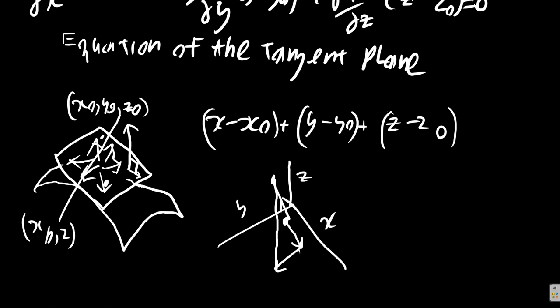This vector, joining them, going straight up here, has x, y, and z components of x this distance, which is x minus x0, y this distance, which is y minus y0, z this distance, which is z minus z0. And if the normal vector has components a, b, c, the dot product between these would be 0.